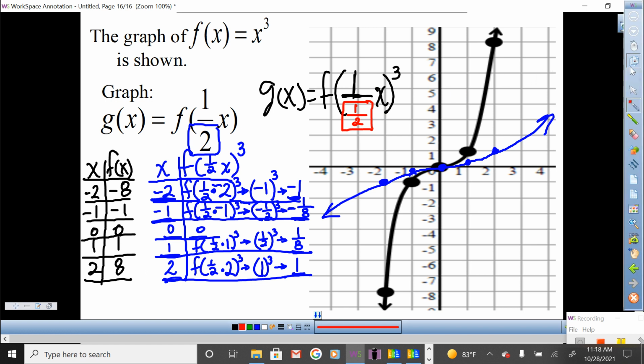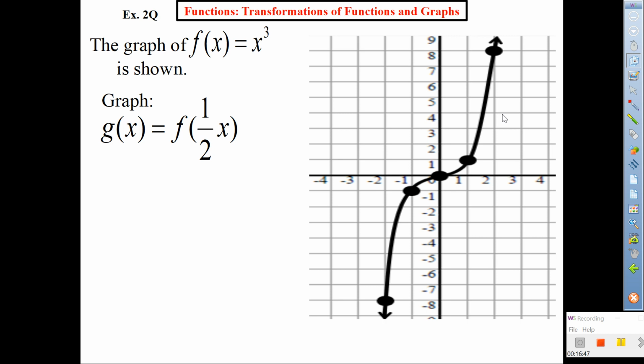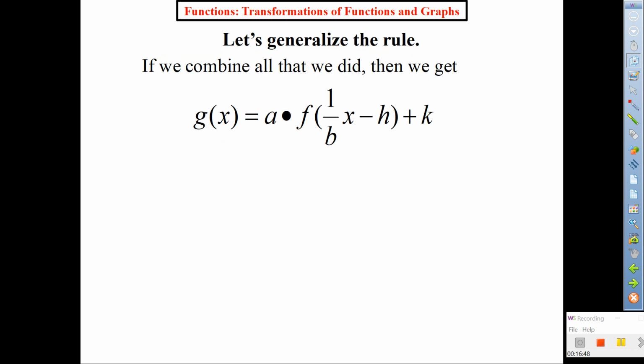Okay? So let's finalize this idea. Let's add that to our general form, yes? Look how beautiful it's going to look now. Look at that. Copy that, please. g of x equals a times f of, parentheses, 1 over b, x minus h, close parentheses, plus k.